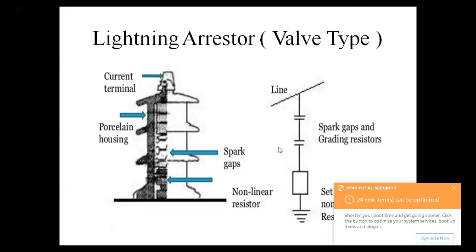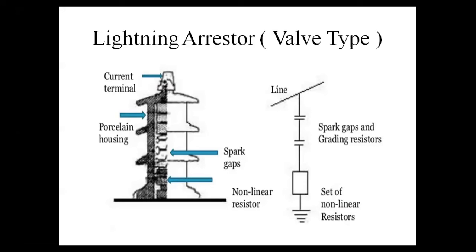Now, we know that during normal operating condition, the voltage is insufficient to cross over the two gaps. But what happens when high voltage appears? The surrounding area gets ionized, and there is a spark from one electrode to another. Thereby, it starts conducting.